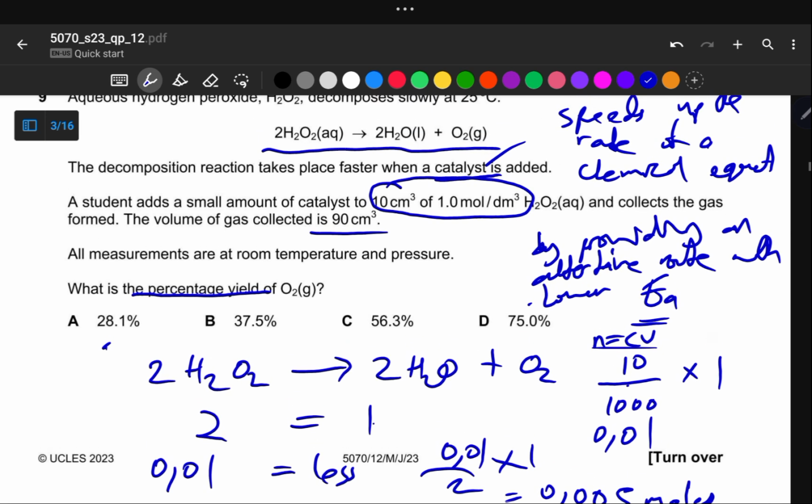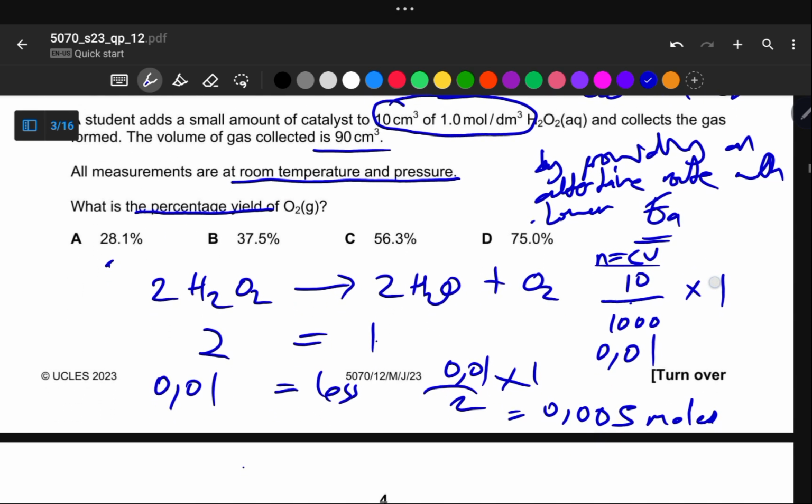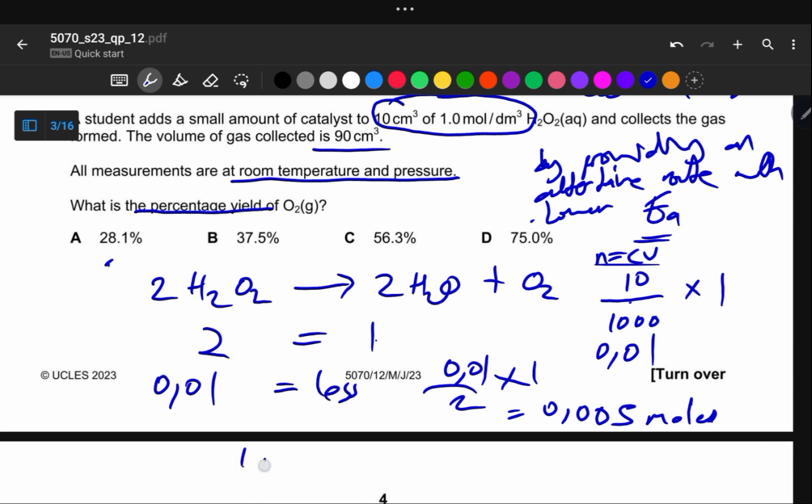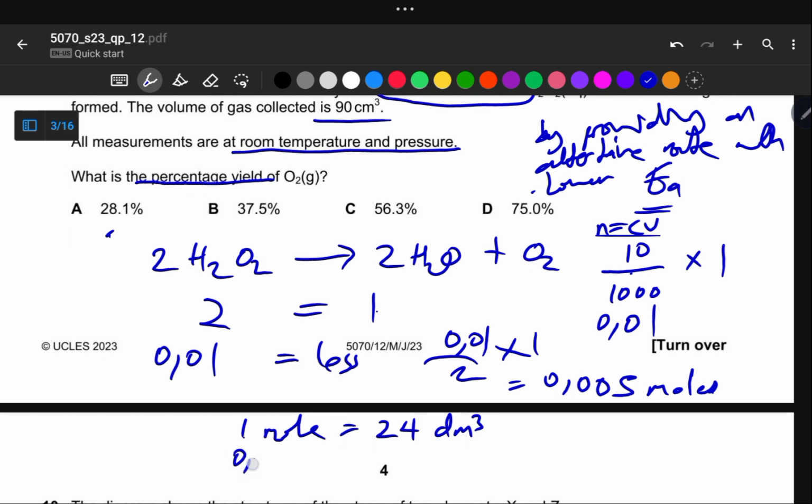And we are told that this reaction, all the measurements were taken at RTP. So at RTP, 1 mole of a gas occupies 24 cubic decimeters, right? And then 0.005 occupies less.